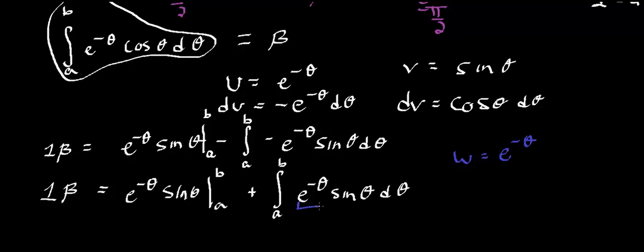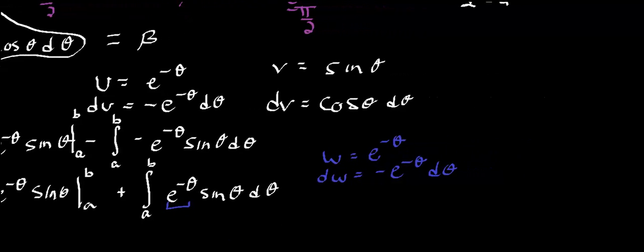If we take the derivative and put it in differential notation, dw is equal to negative e to the negative theta d theta. Then I'm going to have dz, which is just sine of theta d theta.